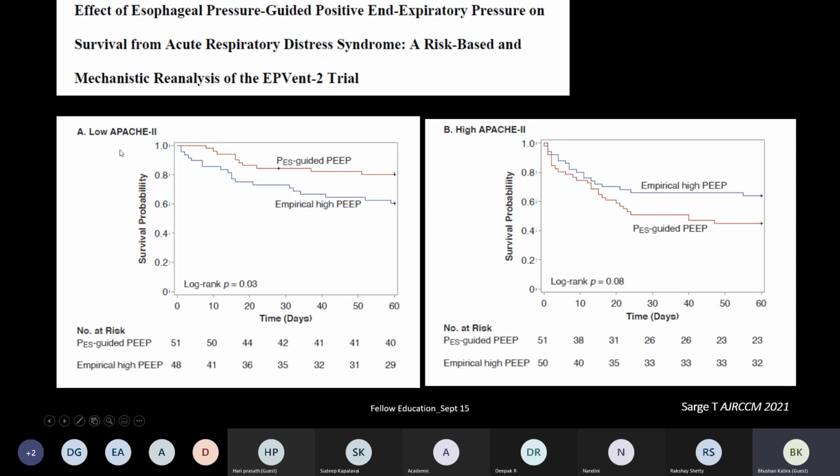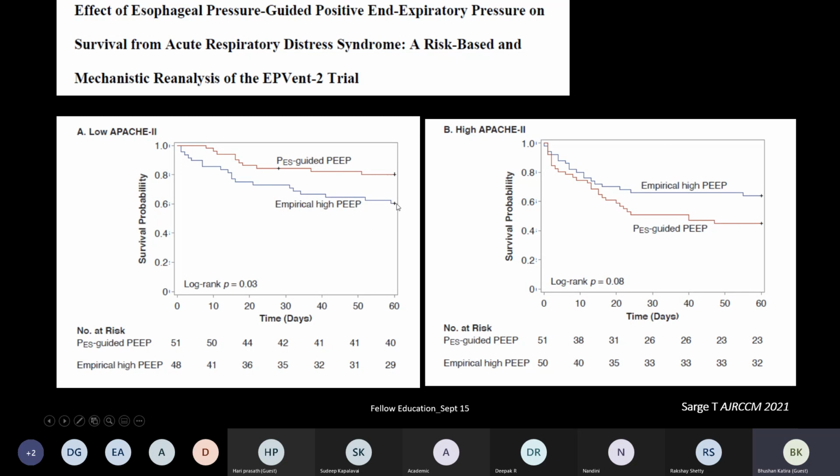They show that in low Apache, this is an adult study, which is to say not very sick patients, which can take more lung inflation, a PES guided PEEP had benefit on survival. Whereas if the Apache was high, that is very sick patients, similarly they're hemodynamically unstable, they have more inflammation, etc., giving PES guided PEEP, which is the PEEP would be very high at times, did the opposite effect, reduced their survival.